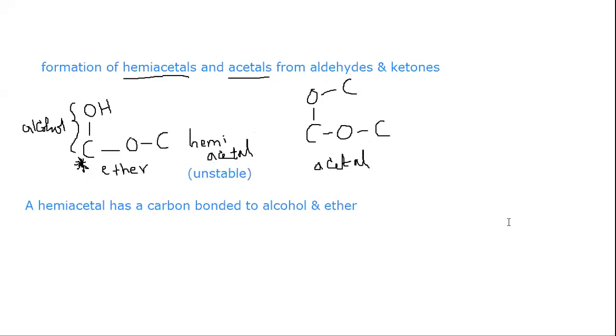So what happens in nature is this hemiacetal immediately converts into acetal. So what is the difference between acetal and hemiacetal? If you're looking at this carbon, it contains ether, and on the top also it contains ether. So please write down the definition for acetal.